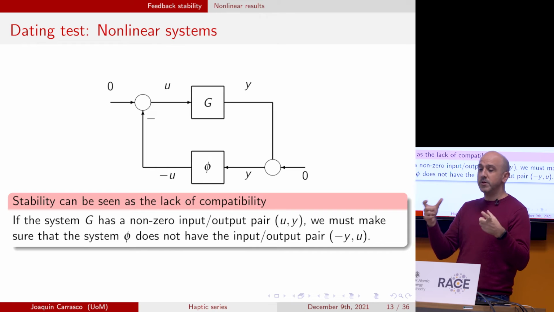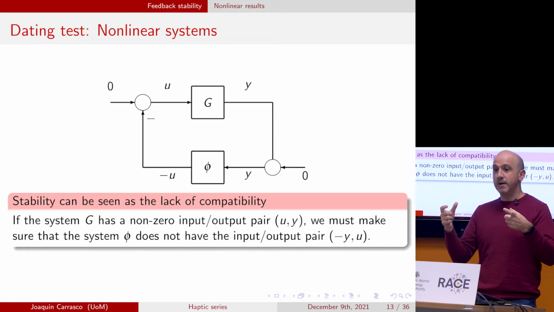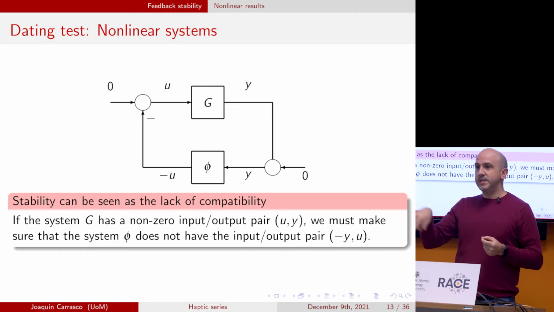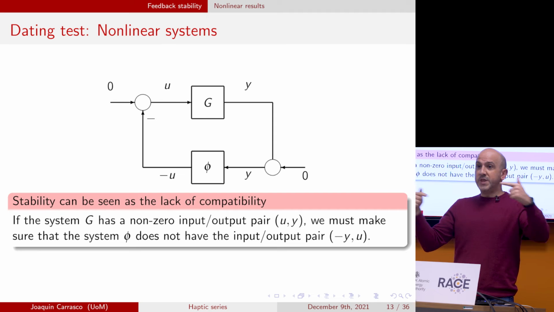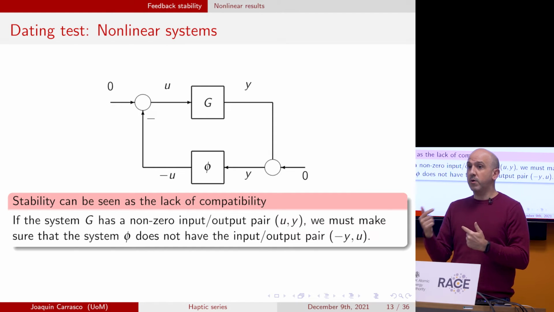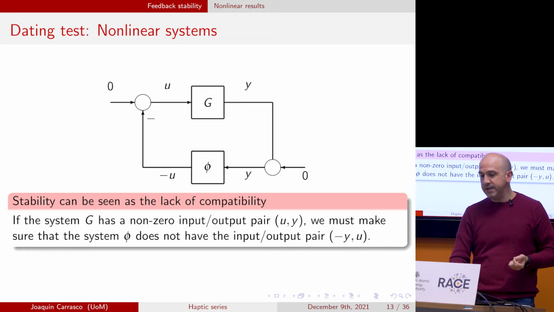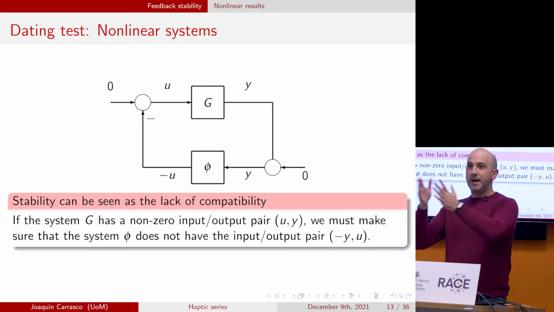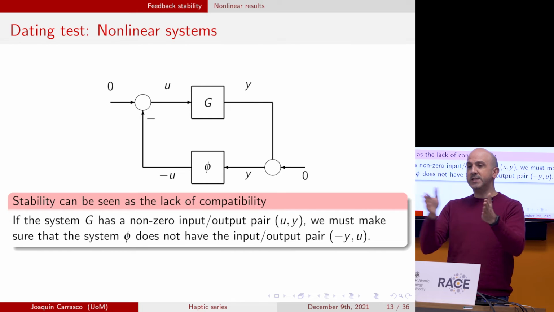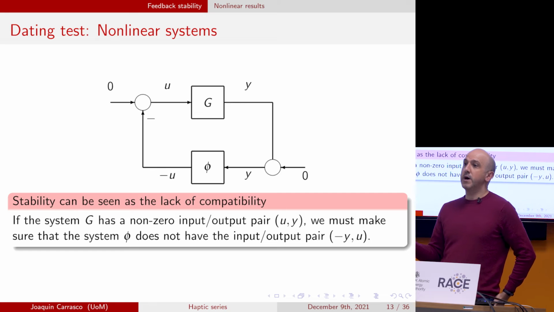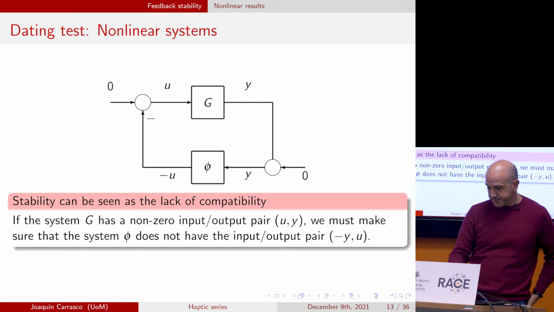If you are able to find these two signals, U and Y, then you have an oscillation without any energy. Of course, what we want to prove is that the only signal that you can put there is U equal to 0 and Y equal to 0. If these are the only two signals that you can put in the loop, then you are done.